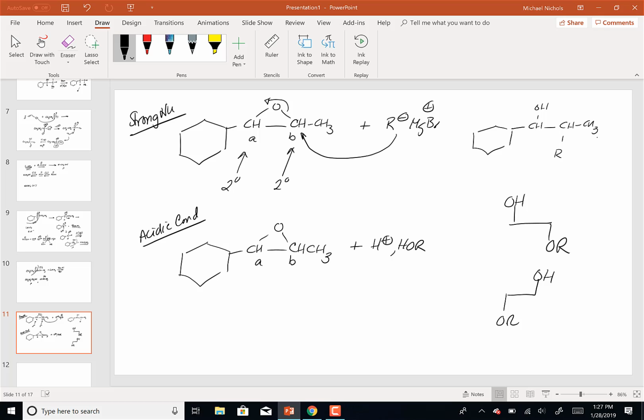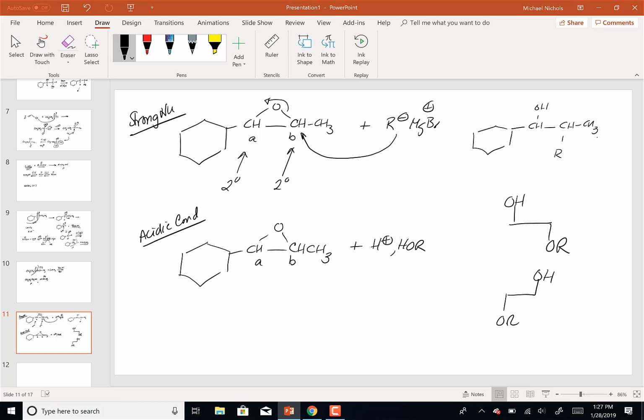Sometimes this is called acid catalyzed cleavage, and then basic cleavage is certainly not base catalyzed cleavage. But these are two different reactions, strong nucleophile or with acid. So where's the alcohol going to add?